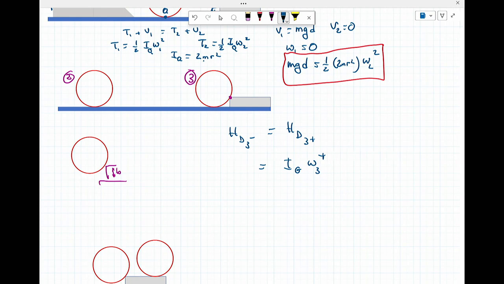And 3 minus is equal to IG omega 3 minus M R minus B V3 minus, excuse me.